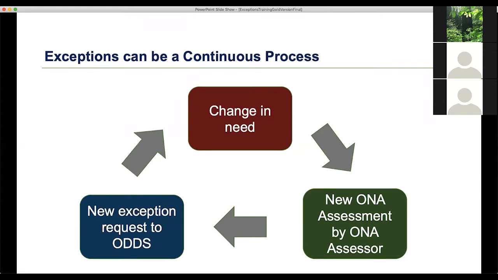Then you go back to, okay, whenever there's a change in need, we have the assessment. Does an exception need to be requested in light of what resources are available? So it is continuous, but if you'll notice, some of that situation dependent expirations should hopefully lessen the frequency of this cycle, especially for people who have maybe intensive needs, but they're pretty predictable and consistent.